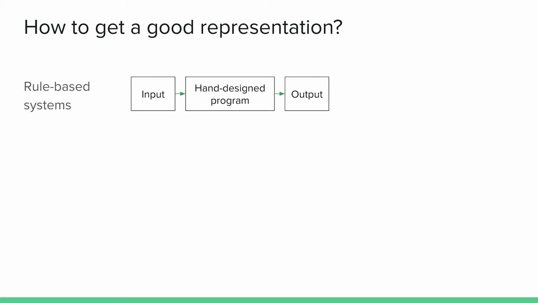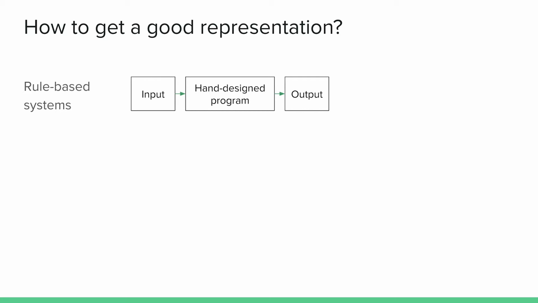Back in the days when we had rule-based systems for all of these tasks, we had a certain input. A developer sat down and had an idea, wrote it into a piece of software in a programming language of his choice, and then it would produce an output. But it had no explicit representation. It just had the rules that the developer had in mind.